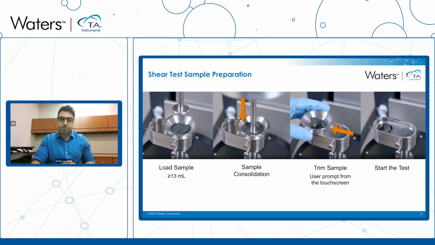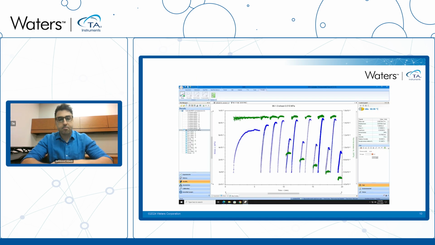And after that, these are again raw data because I want to show you in more detail what's going on there. On the left, you have some pre-shear analysis. For this test, for example, I have chosen 0.015 megapascal as the consolidation stress.